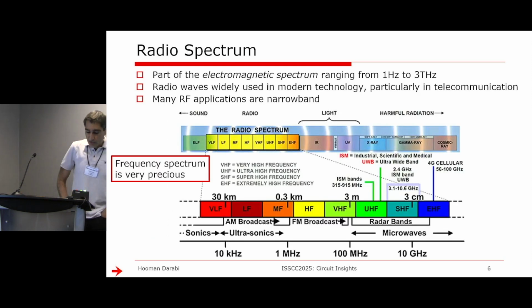Now the radio spectrum, or RF, radio frequency, strictly speaking, is a portion of the electromagnetic spectrum which spans anywhere from 1 hertz to 3 terahertz, as shown here. After that is infrared, a little bit after that is visible light, ultraviolet, and then X-rays and harmful radiation.